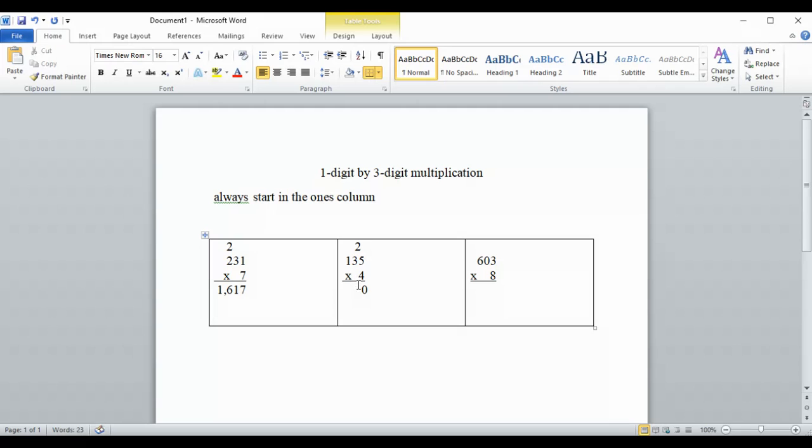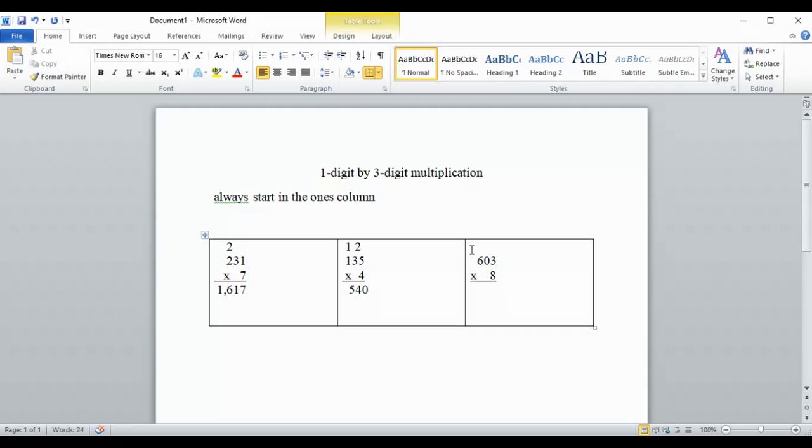I'm going to put the 4 right here and carry the 1 right here. And then we are going to multiply the 4 times this 1. 4 times 1 is 4, plus 1 is 5. So your final answer is 540.